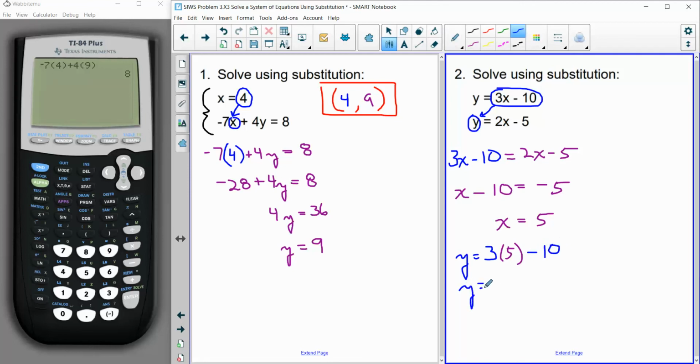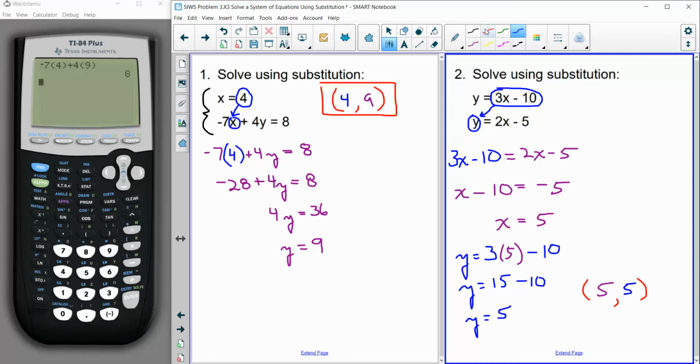Three times 5 is 15. And 15 minus 10 is 5. So it seems like our answer should be, what did we get for x? We got 5 for x. And we got 5 for y. Okay, they both happen to be the same thing.